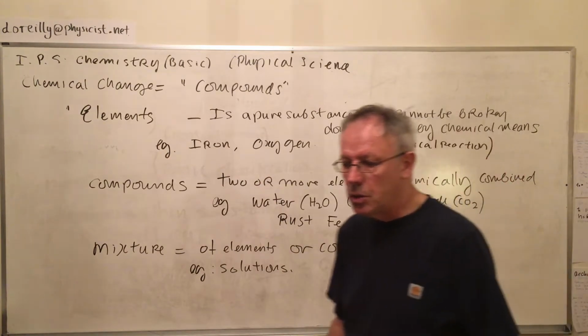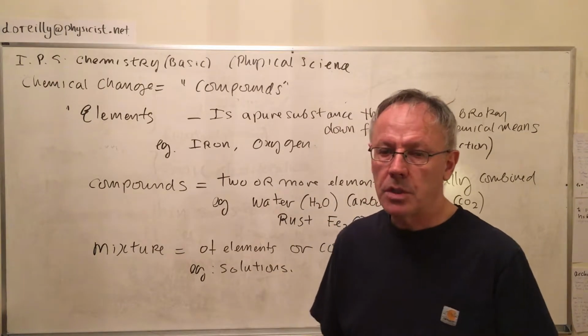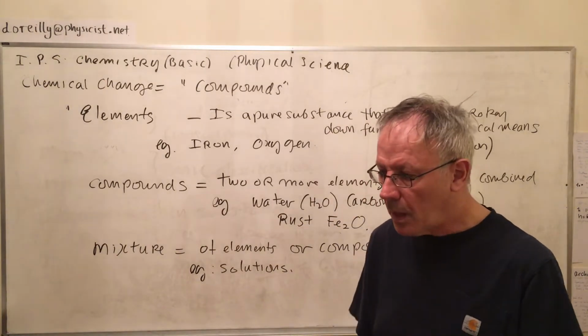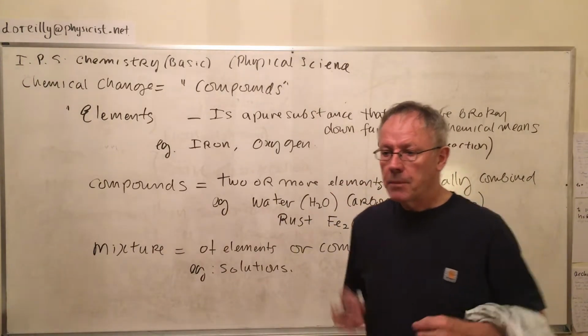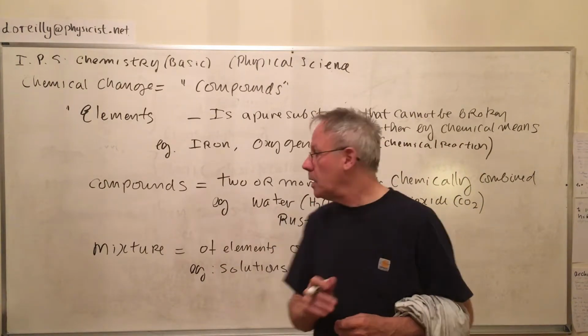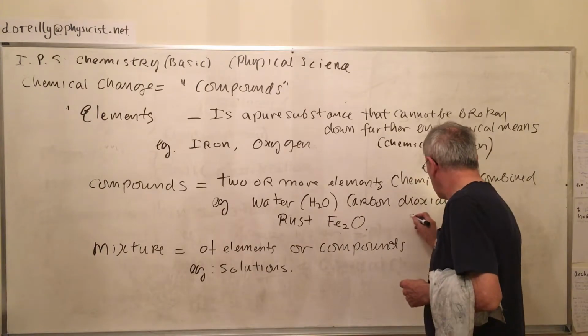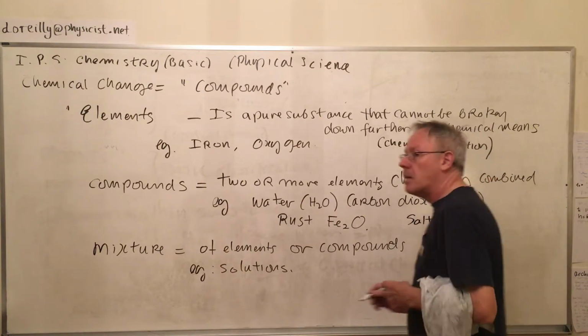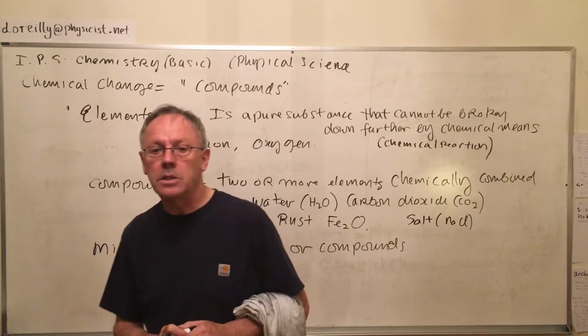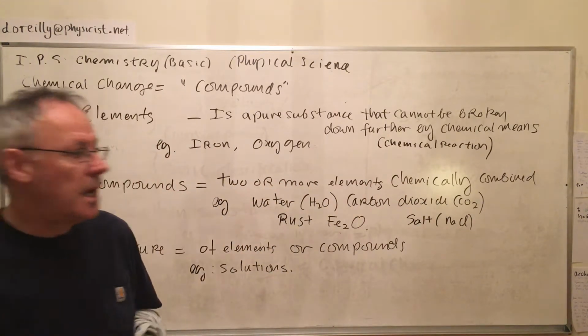For example, you could throw stones into water. You've just mixed up stones and water. You could make a more homogeneous mixture by throwing salt into water. Salt is a compound. Now there are many salts, but one common salt is sodium chloride, NaCl.